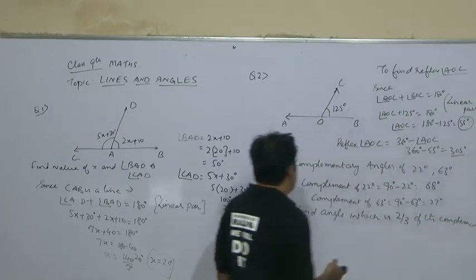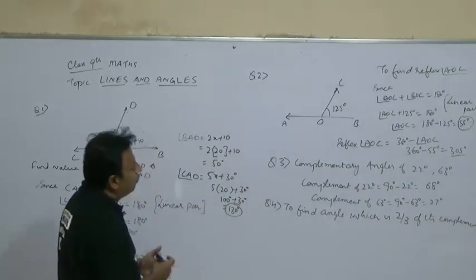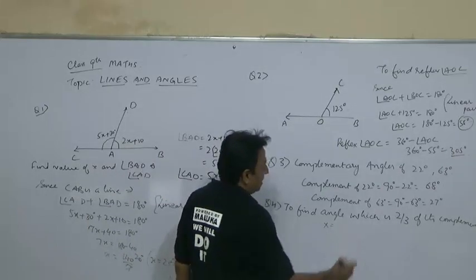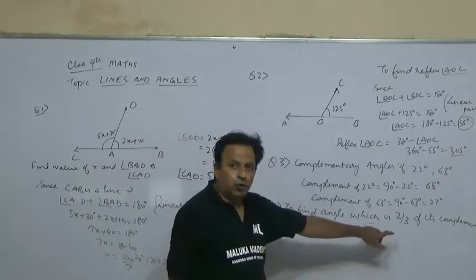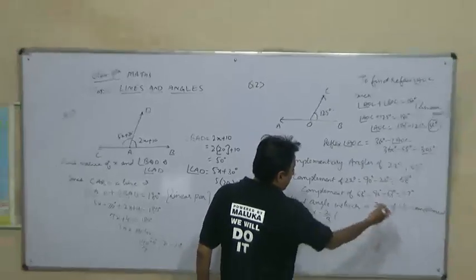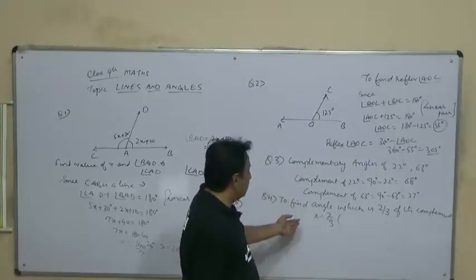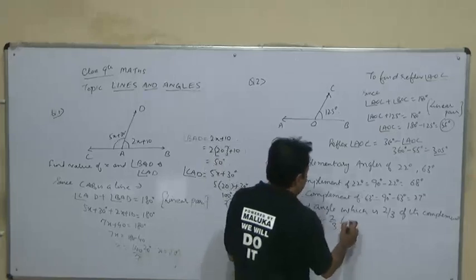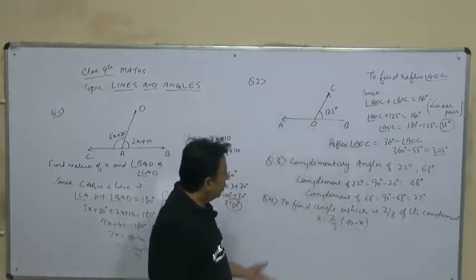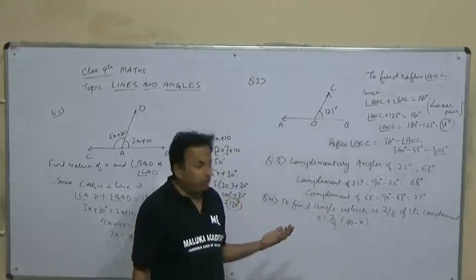So it is very clear what we have to do to find the angle. Let the angle be x, and this is equal to 2/3 of its complement, and the complement of this angle will be 90 degree minus x. Now from here we will find the value of x.